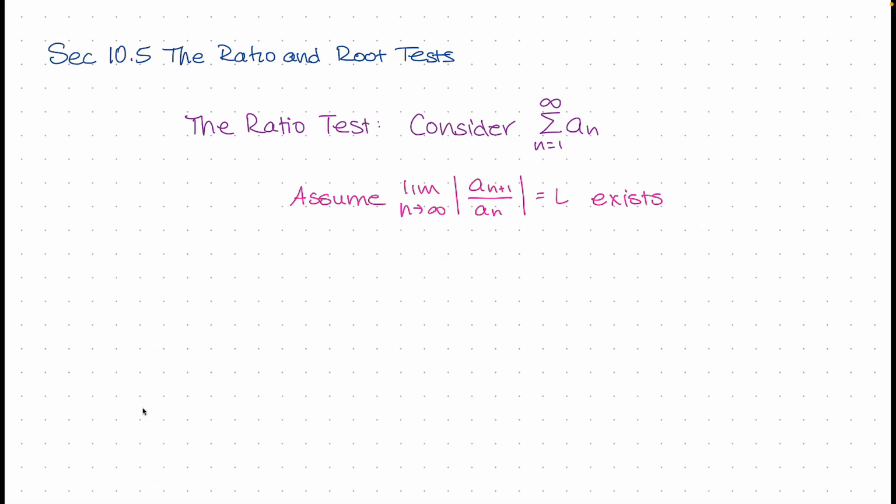So here's what it says. I have no idea what you guys are laughing about. If L is less than 1, the series converges absolutely.